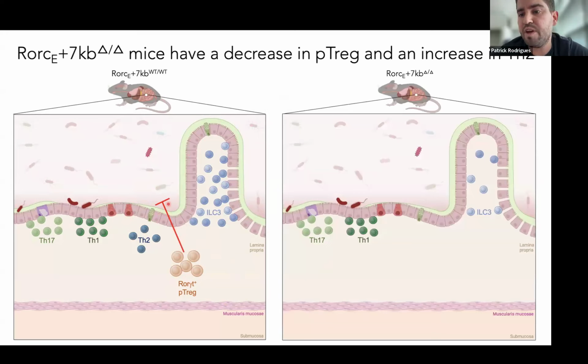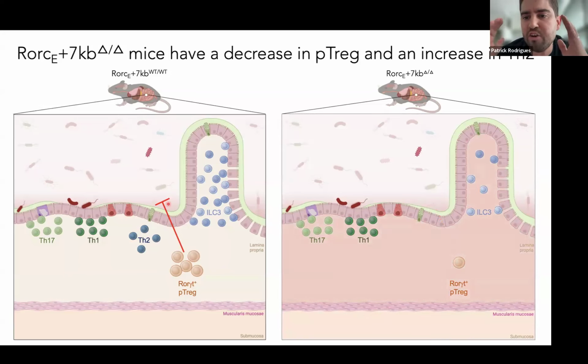However, whenever you have a reduction of the Rorγt APCs, such as the ILC3s, you cumulatively also have a reduction of the Rorγt pTregs. This reduction will induce a reduced suppressive immune response, which also leads to a higher low-grade inflammation in the gut. For the Th2 expansion, it seems that whenever you have this inflammatory condition, you might also promote the proliferation of Th2 cells.